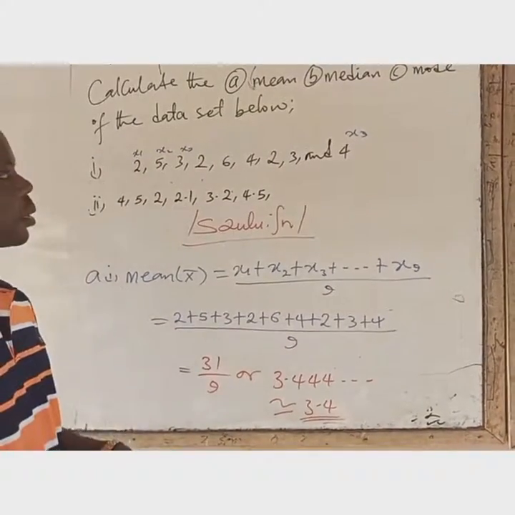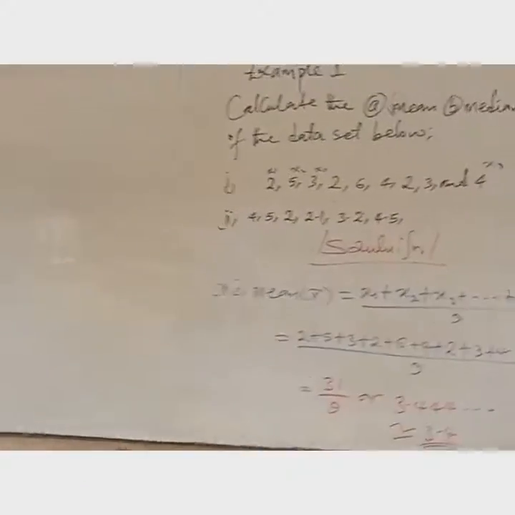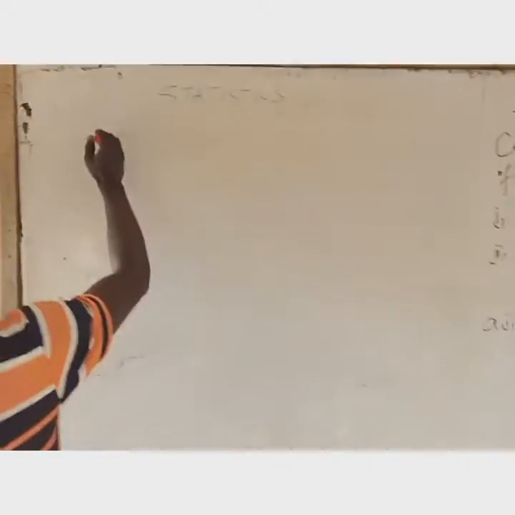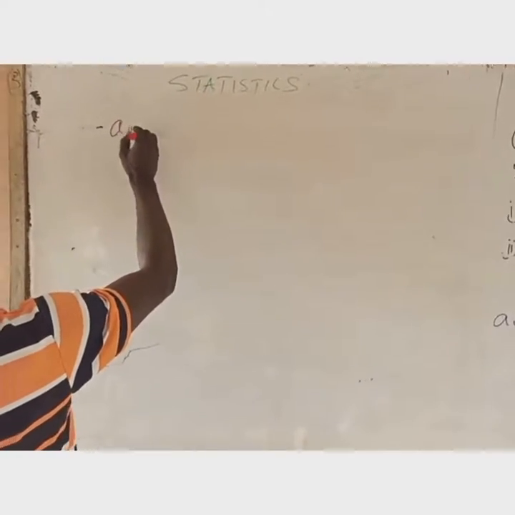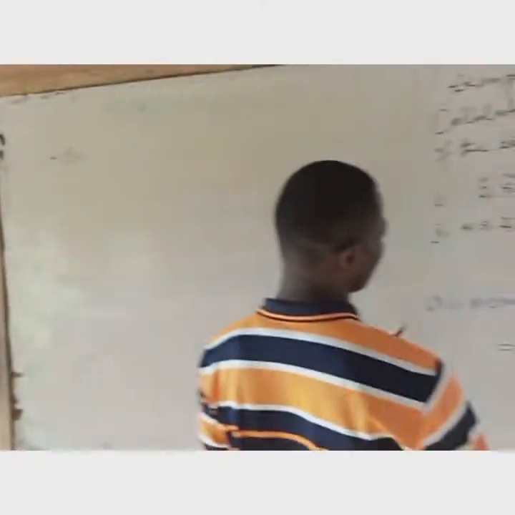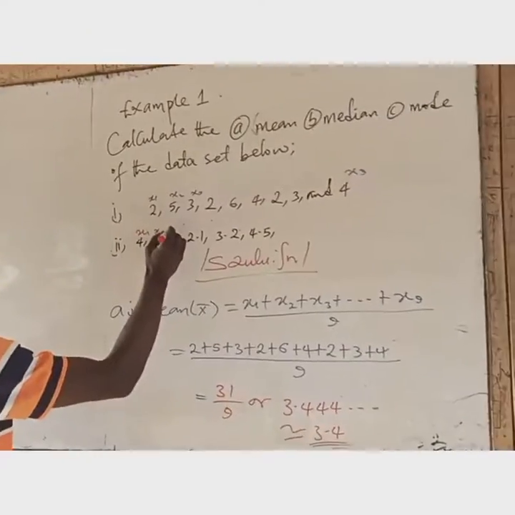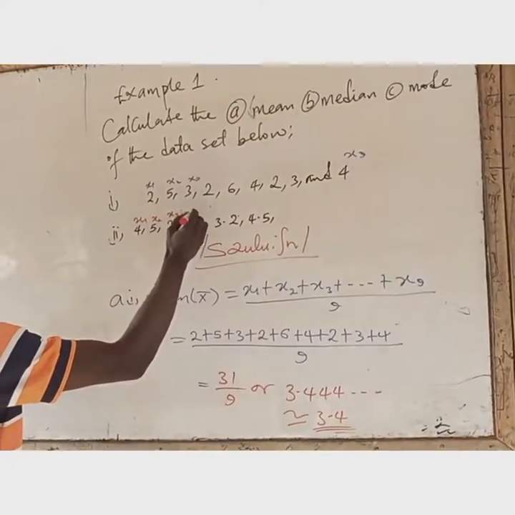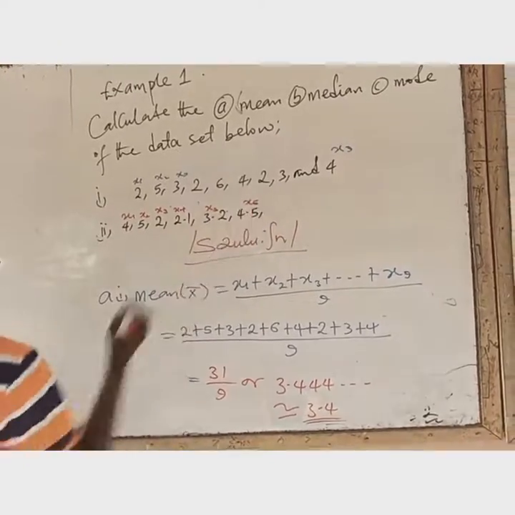So let's look at the mean for the second question, A, Roman figure 2. So this will be our x1, x2, x3, x4, x5, and x6.